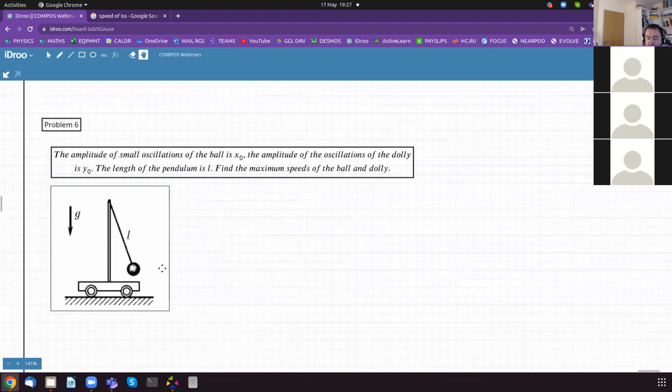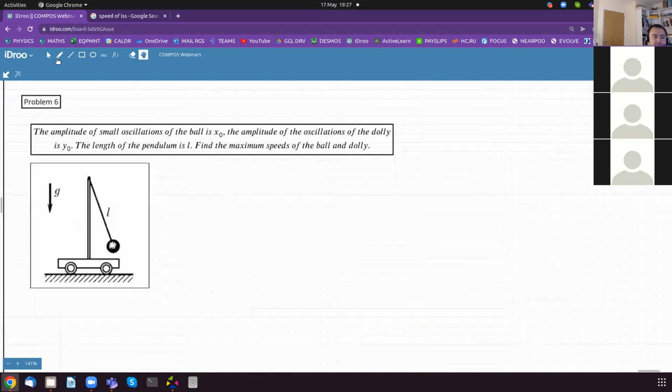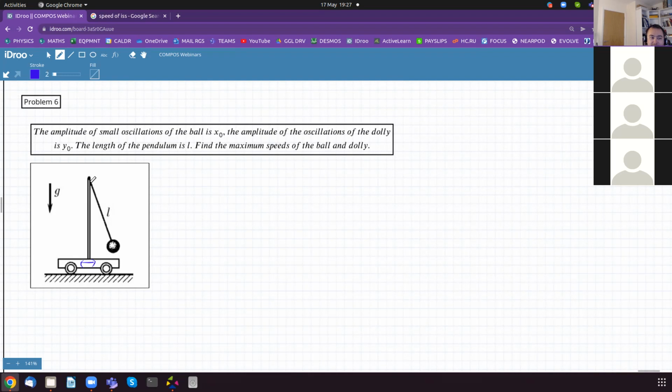As the ball moves back to the right, the trolley will move back to the left, because the trolley is free to move. In this position, the trolley experiences a horizontal component to the right, and the ball experiences a horizontal component to the left from the rope. So the rope pulls the trolley to the right and the ball to the left. So the trolley will oscillate and the ball will oscillate. The pendulum would oscillate.